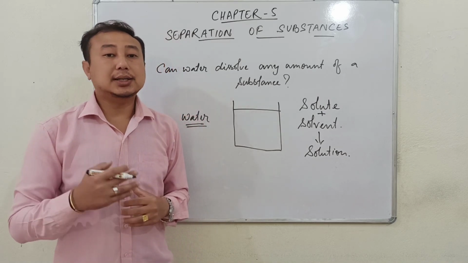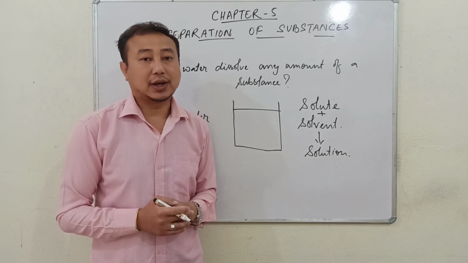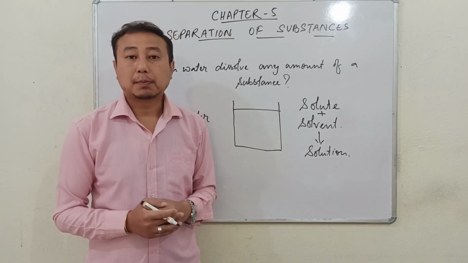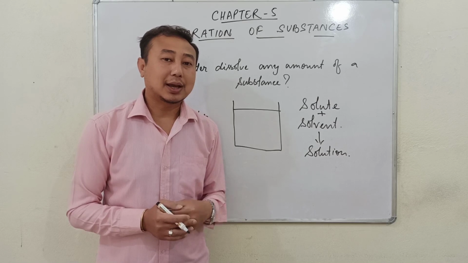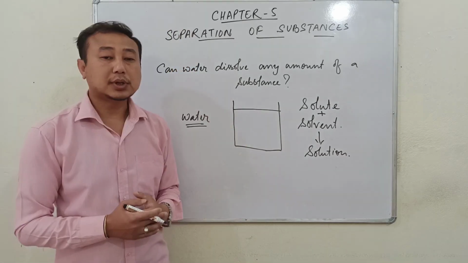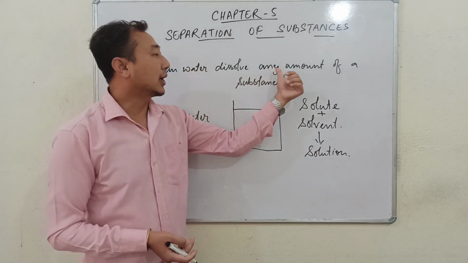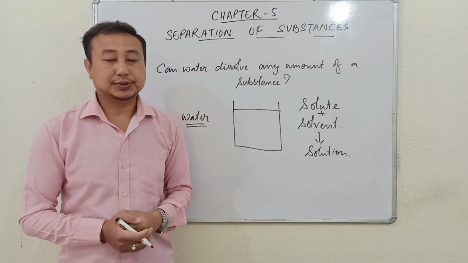With the increase in the temperature of the solvent, the rate of dissolving the solute in the solvent also increases. But with the decrease in the temperature, a small amount of the solute can be dissolved in the solvent. So let us see the answer of this topic. Can water dissolve any amount of a substance?